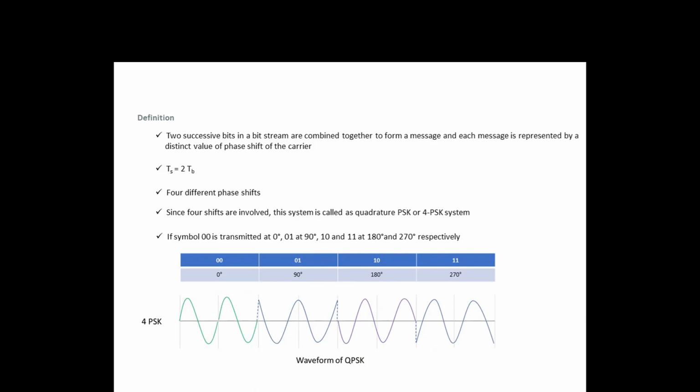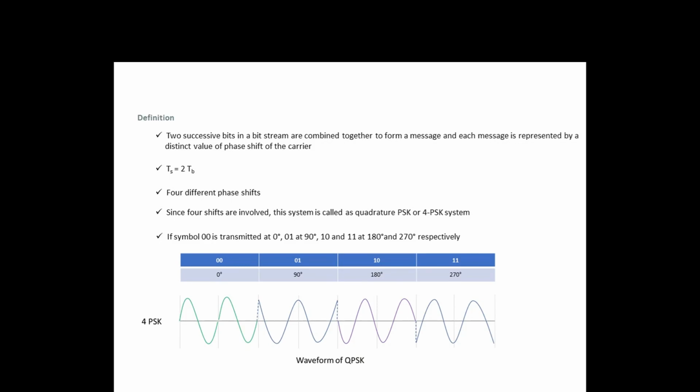So how can we define quadrature phase shift keying? Two successive bits can be transmitted over a single channel. Two successive bits in a bit stream are combined together to form a message, and each message is represented by a different value of phase shift of the carrier.